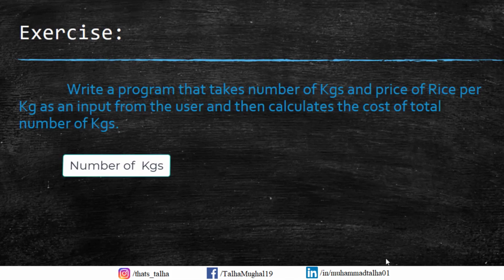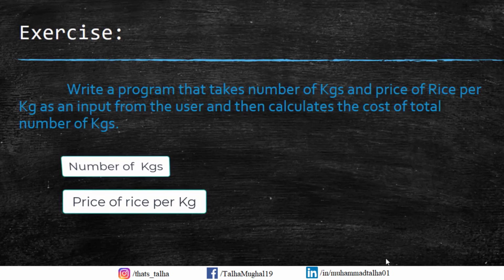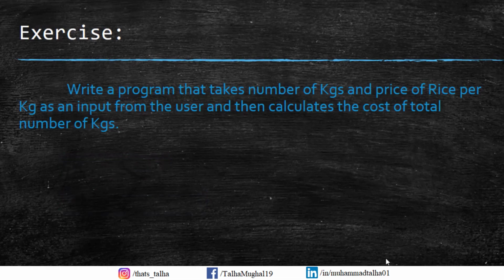The first one is number of kgs, and the second one is price of the rice per kg. After that, we have to do our calculations at the back end, which is also called backend procedure. And then we have to print out the result. So best of luck for this exercise.